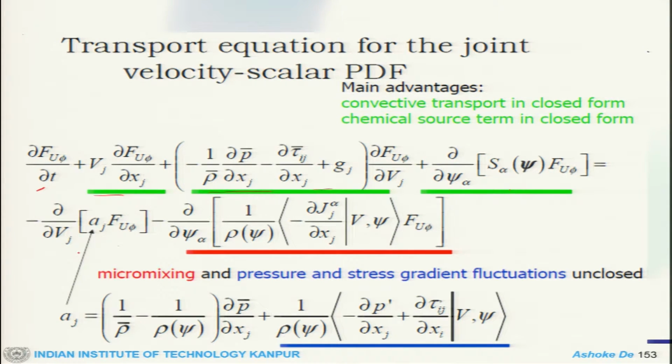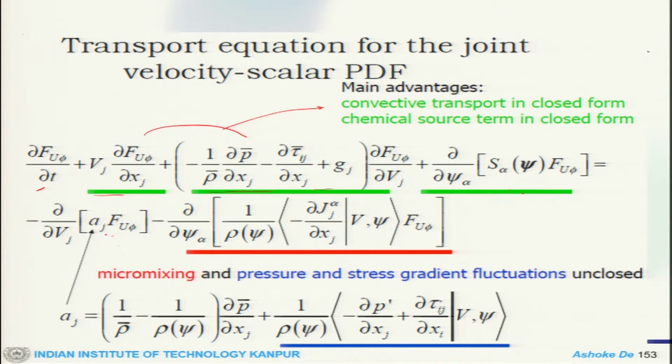If you look at the term here on the left hand side, the chemical source term is in closed form. That is one of the advantages of the joint PDF equation or the PDF transport equation, because the chemical source term, which incurs a lot of stiffness in the system, is in closed form, and the convective transport is also in closed form.